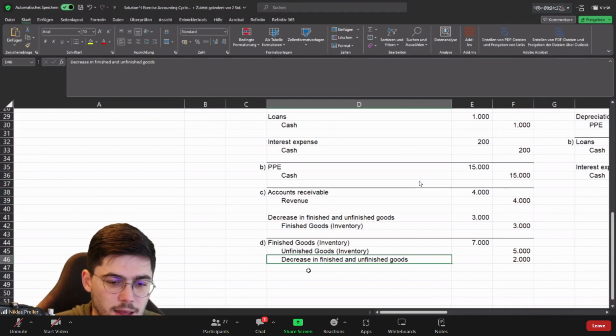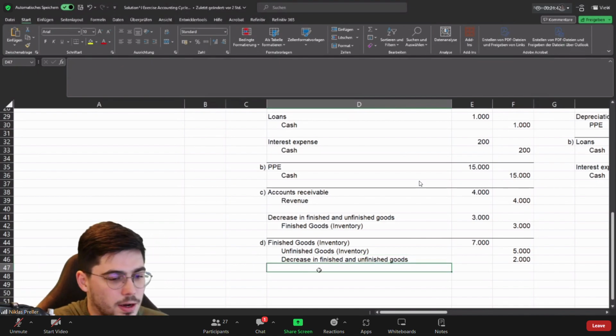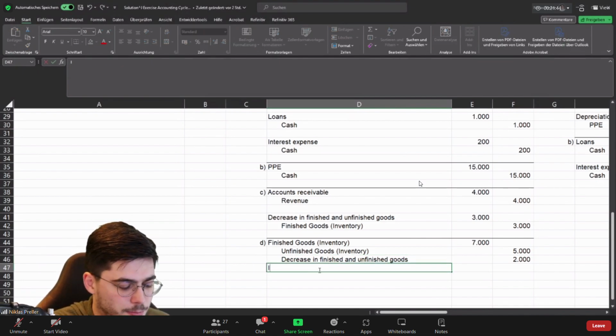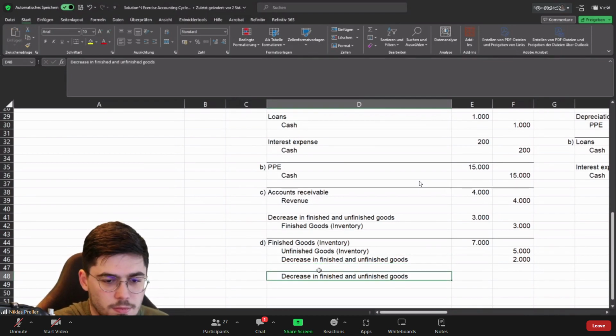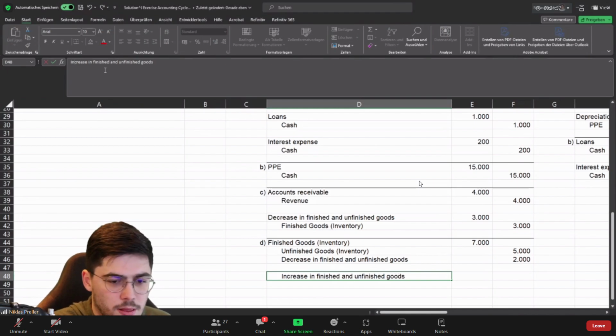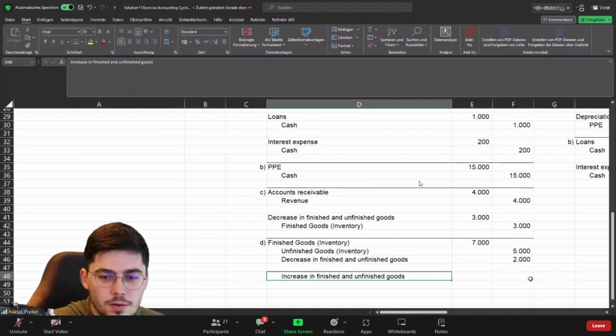Typically, that would be called, in our case for this semester, increase in finished and unfinished goods for 2,000.